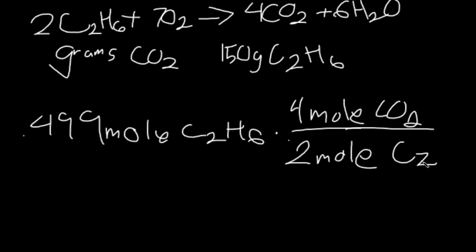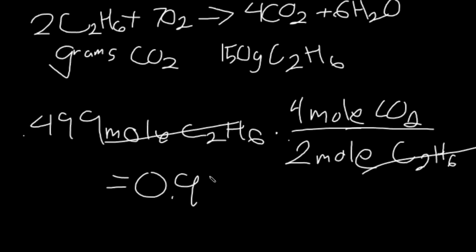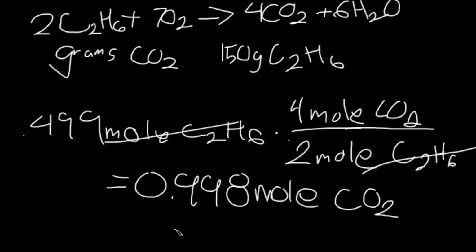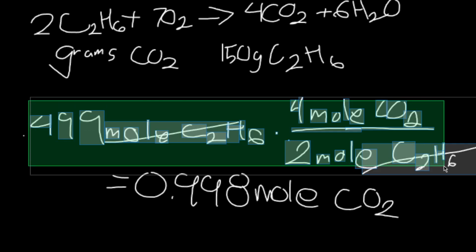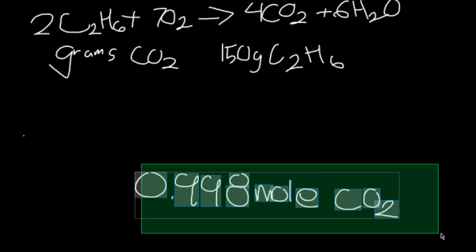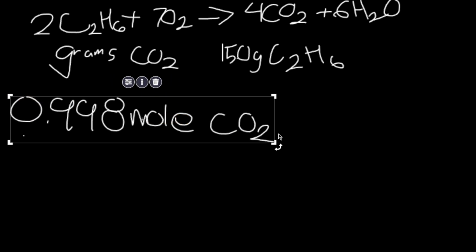Sorry for my bad handwriting. We cancel the moles, and we get the answer of 0.9098 moles of CO2. Now we move this up again. We are running out of space, I'm sorry.